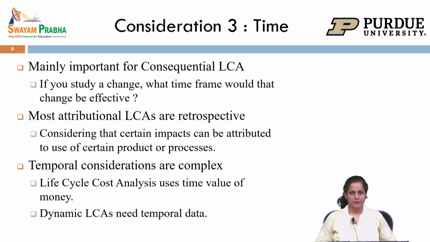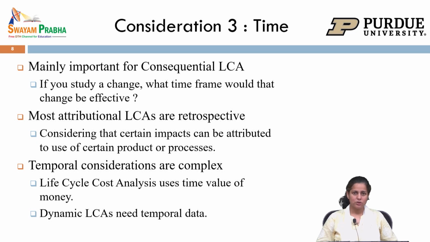Consideration 3 is time. This aspect is mainly important for consequential LCA. We will see what consequential LCA is in a bit. But it is important because if you study a change in consequential LCA, it is important to understand what time frame that change would be effective.